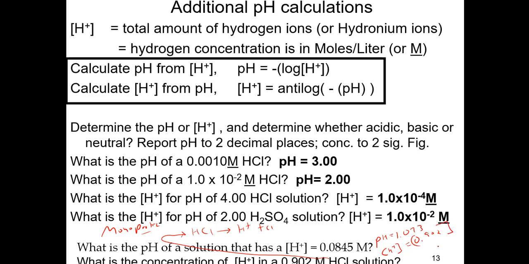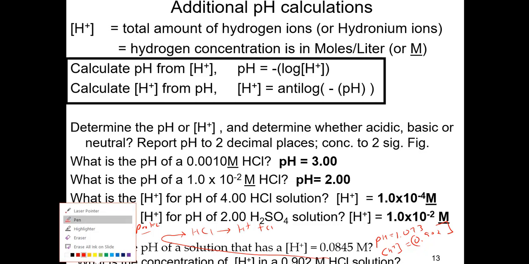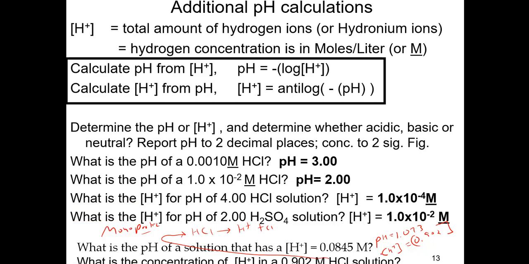Now really I only need brackets around the 0.902 if I'm describing molarity. So I'll go ahead and erase the brackets around the H plus. If you did it, it'd still be the correct answer. I know that's a bit weird, but it's the same value, 0.902. That's the molarity of the hydrogen ions. Alright, let's move on.